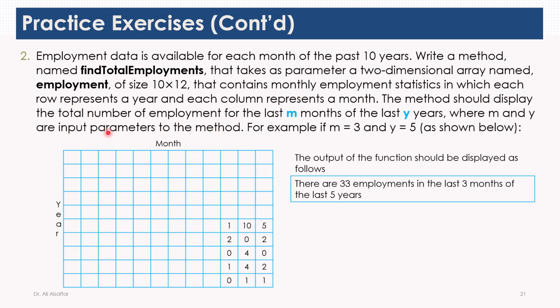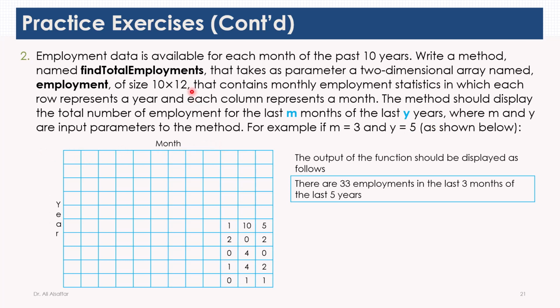It says each row represents a year and each column represents a month. So now we know what this two-dimensional array represents. It represents employment statistics for the last 10 years for 12 months. The method should display the total number of employments for the last m months of the last y years, where m and y are input parameters to the method.